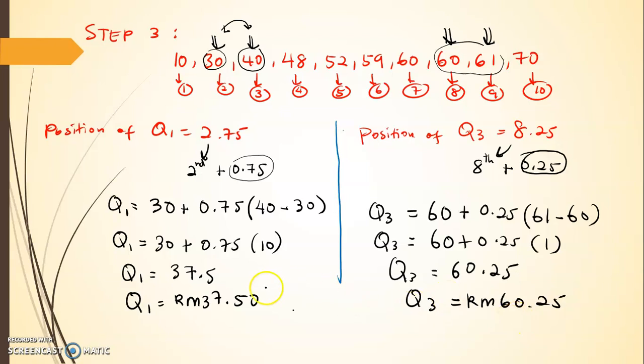Next, we must give an interpretation of these two values. So how to interpret our Q1 and Q3 values? Q1 is equal to RM37.5.